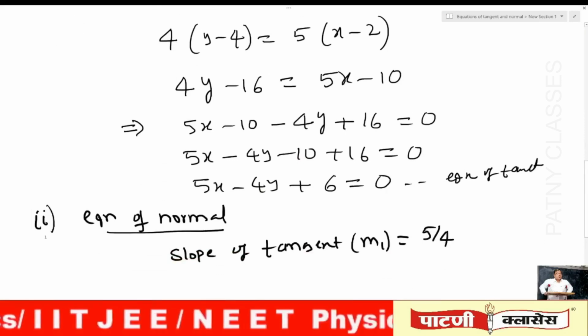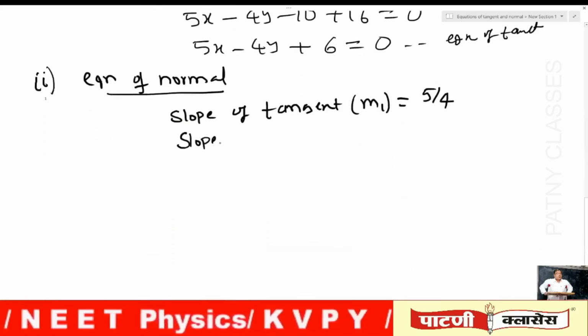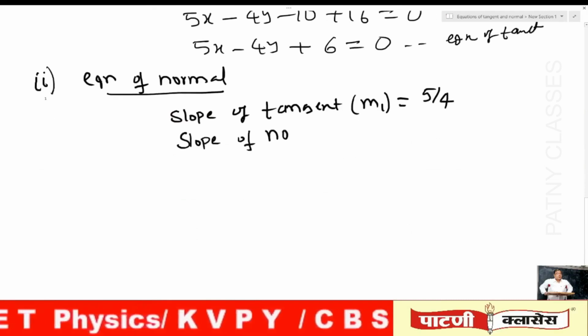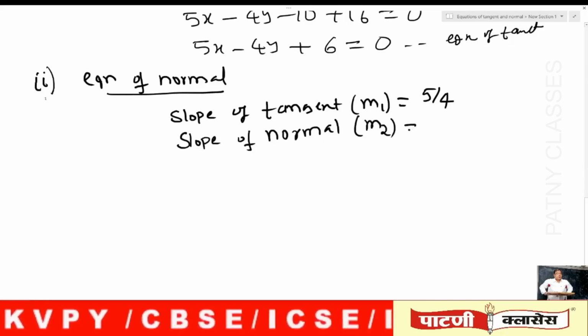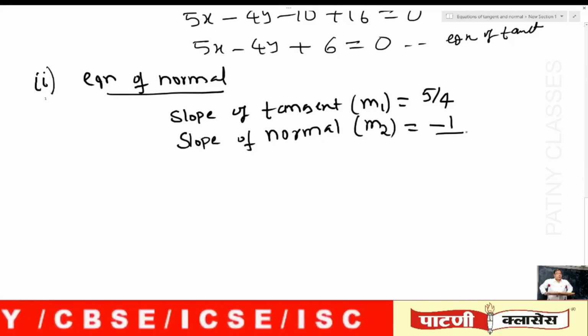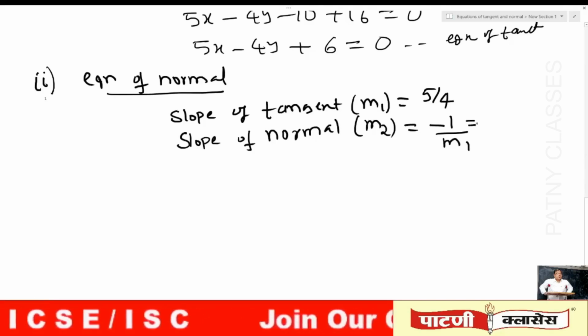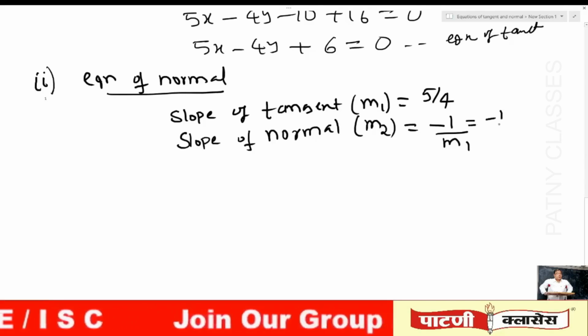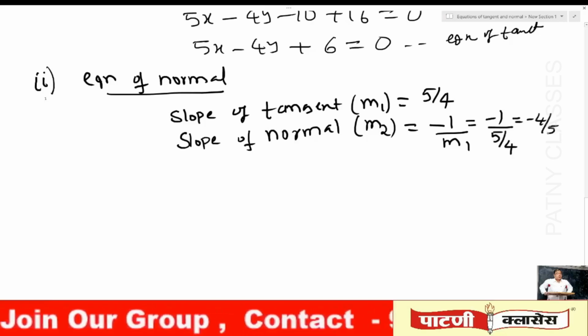Now we need to get the slope of normal. The slope of normal m2 equals minus 1 upon m1. The slope of normal is the negative reciprocal of the slope of tangent. So minus 1 upon 5 upon 4 equals minus 4 upon 5.